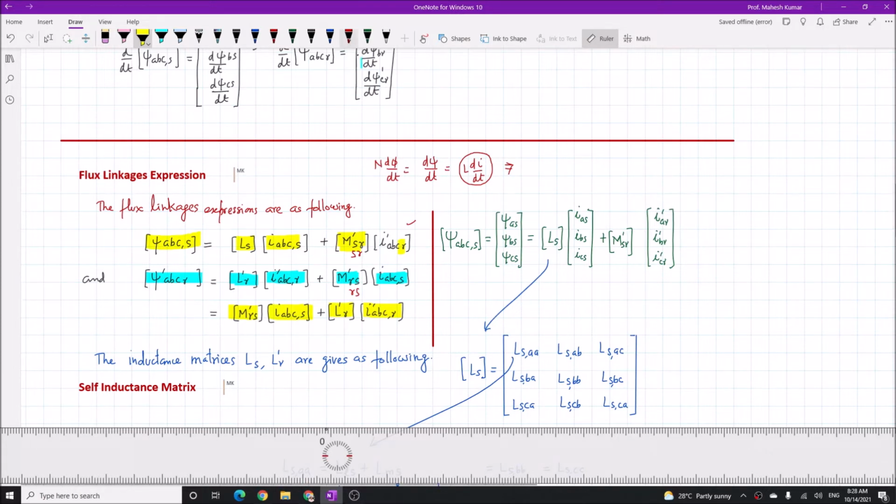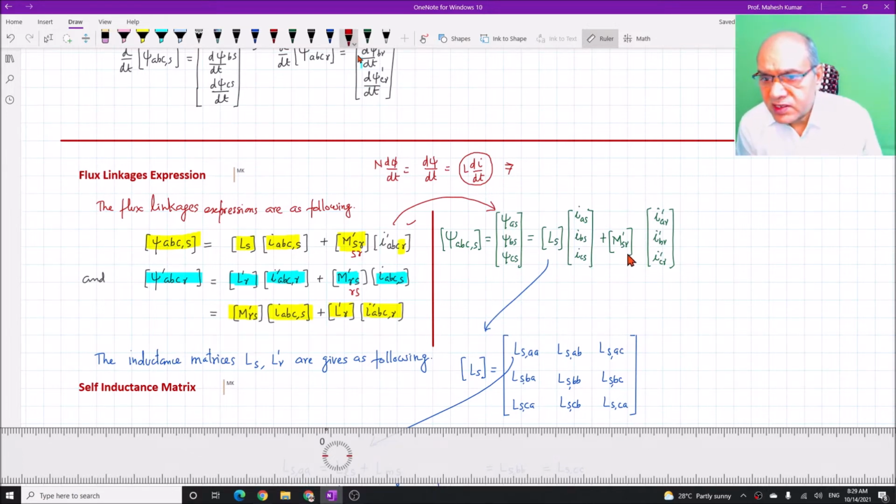Basically what we are saying is that the flux linkage to the stator, psi AS, psi BS, psi CS, equals LS, the inductance matrix, into IAS, IBS, ICS, plus MSR dash into IAR dash, IBR dash, ICR dash.